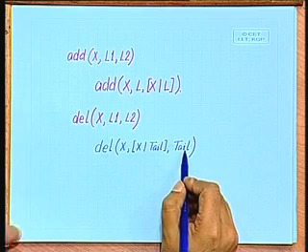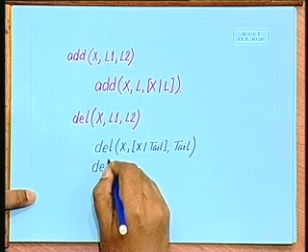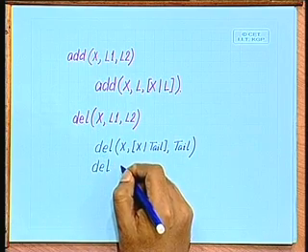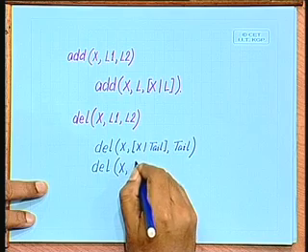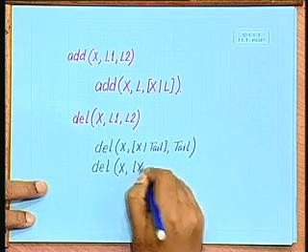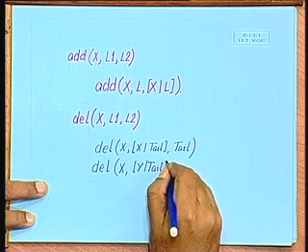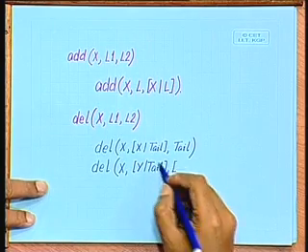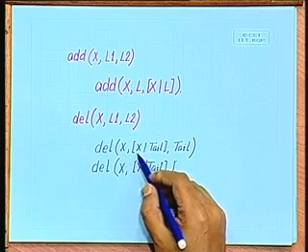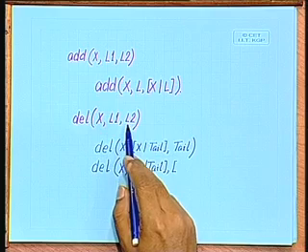Otherwise, what should we do? Otherwise, we have to look further into the list. We just have to skip the head and look for the deletion in the tail. So, we will write delete x and then y tail, and if the first element is not x, then the first element of L1 and the first element of L2 has to be the same.